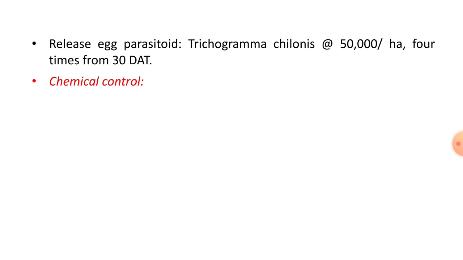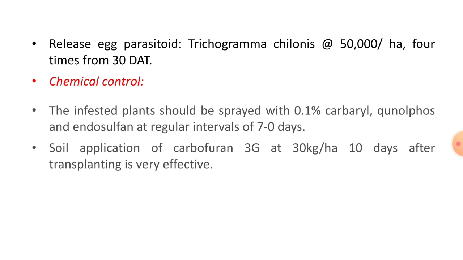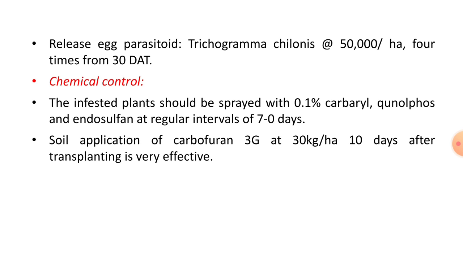Now come to chemical control. The infested plant should be sprayed with 0.1% carbaryl, quinalphos and endosulfan at regular intervals of 7 to 10 days, and soil application of carbofuran 3G at 30 kg per hectare 10 days after transplanting is very effective.